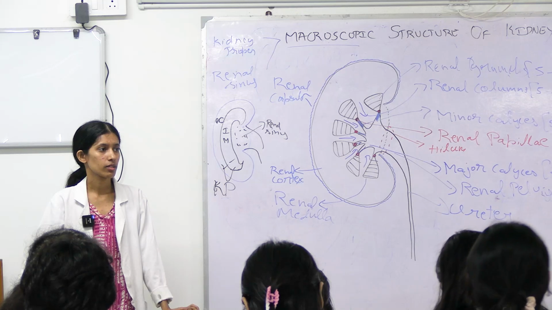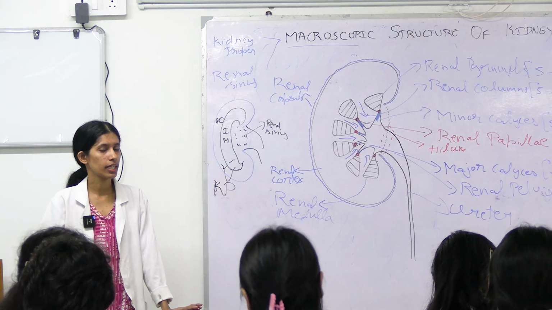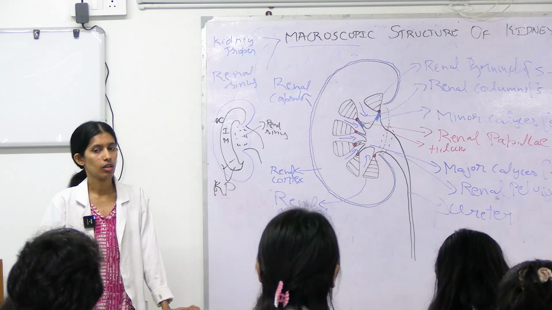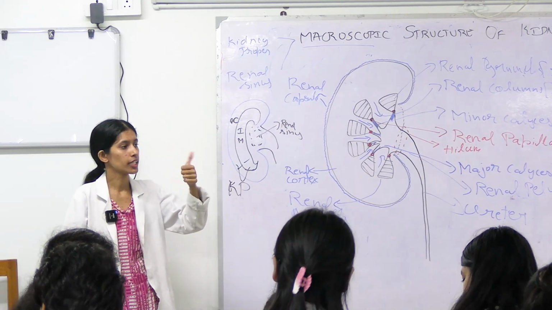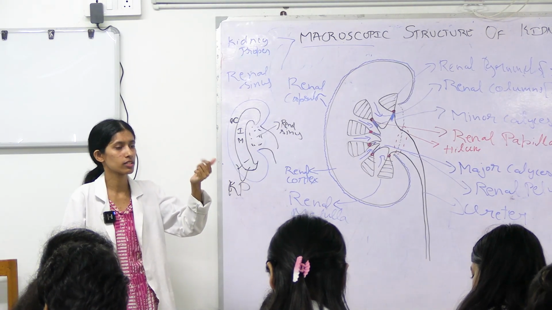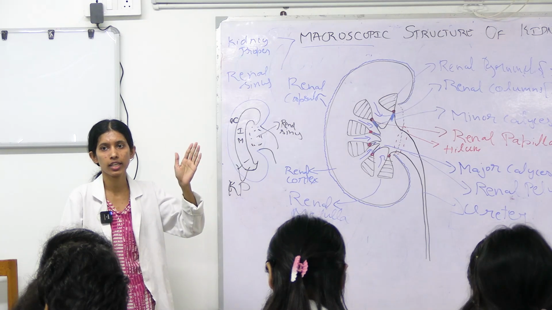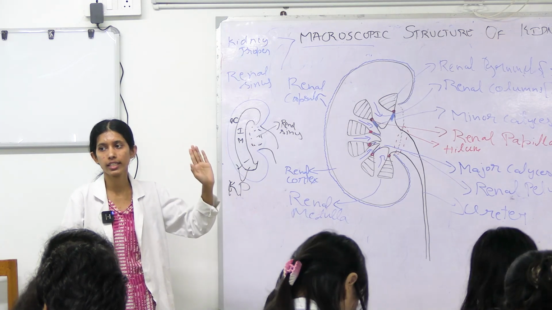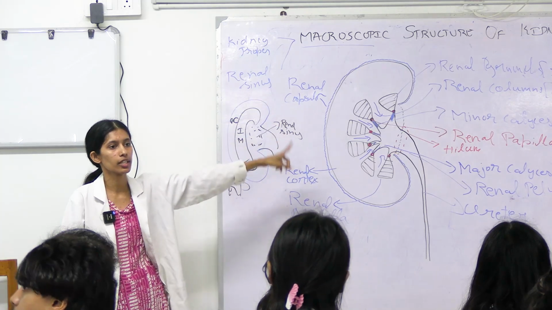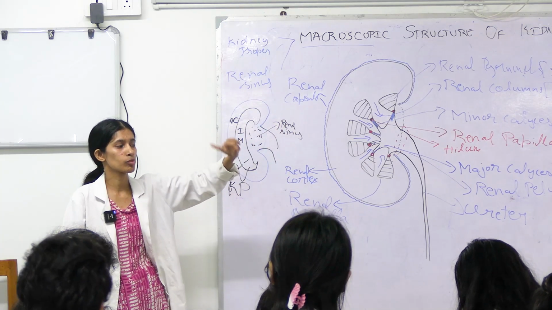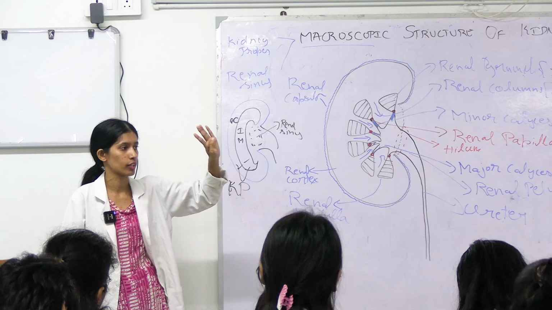Is it clear? Any doubts? Okay, so the macroscopic structure gives us two important structures, kidney proper and renal sinus. The kidney proper is again divided into outer cortex and inner medulla. The outer cortex is lined by your renal capsule. Remember, the capsule of the kidney again has four different layers.